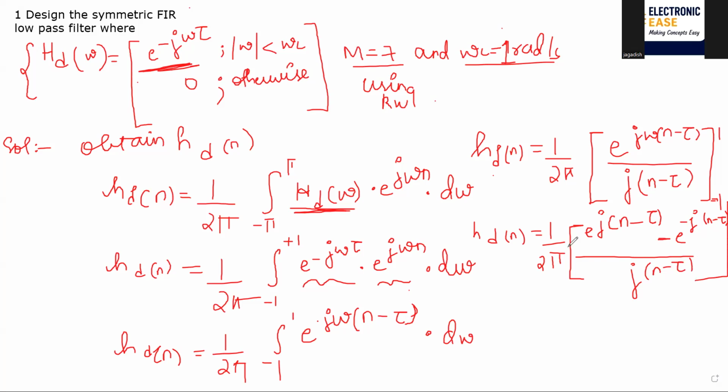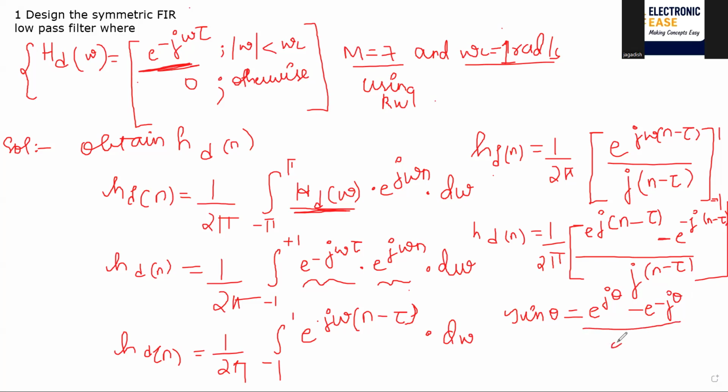So I have e to the power of j theta minus e to the power of minus j theta divided by j. So we know that according to trigonometry, sine theta is what, children? Sine theta is e to the power of j theta minus e to the power of minus j theta divided by 2j.